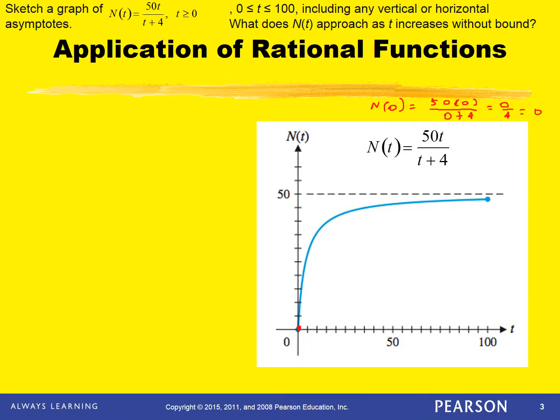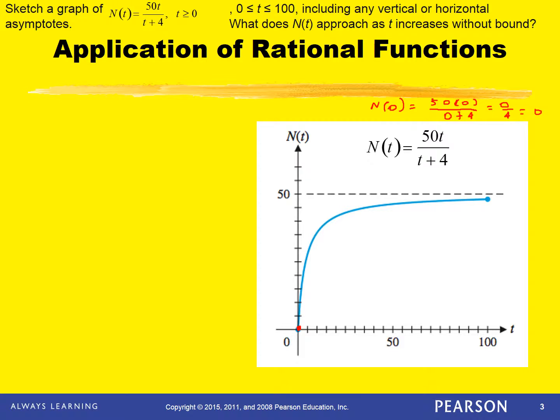So when t is 0, N(T) is 0. So it goes through the origin and some other points and approaches the line N(T) equals 50.